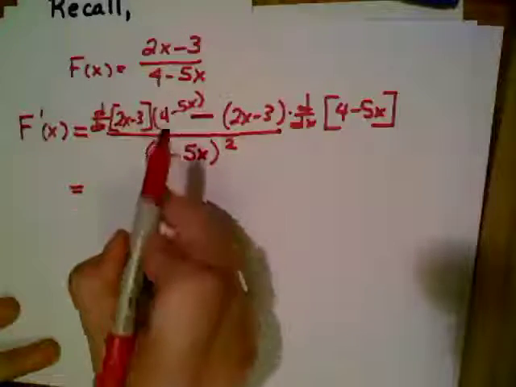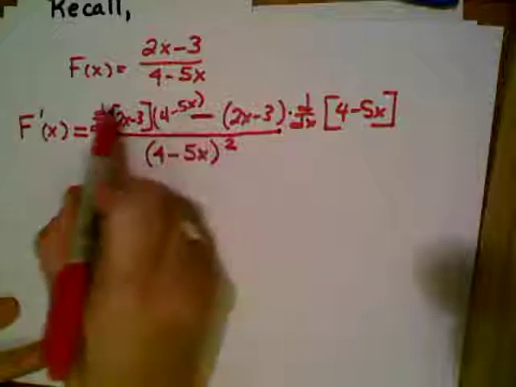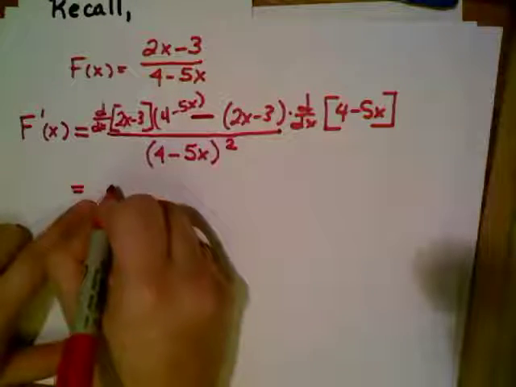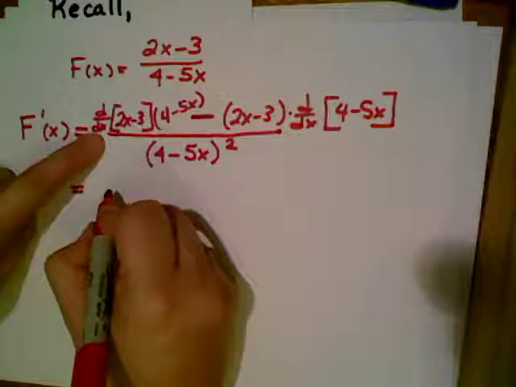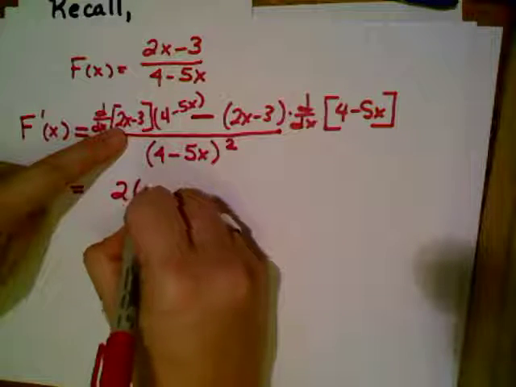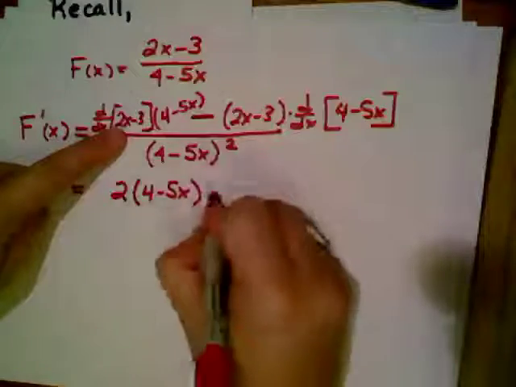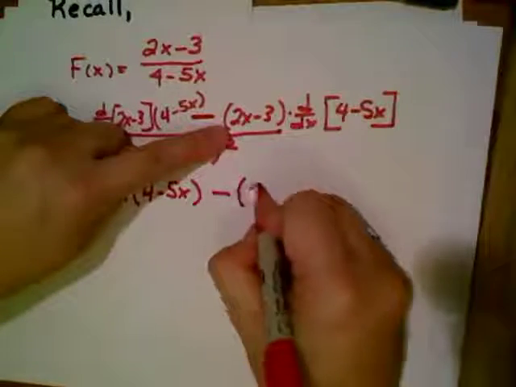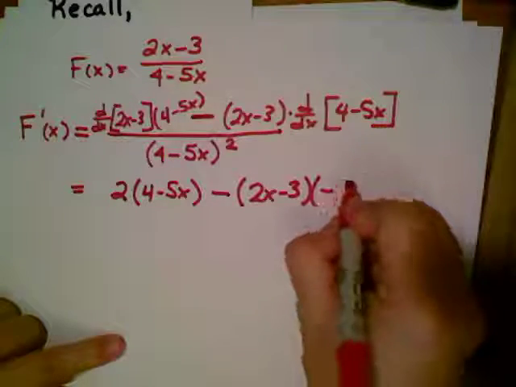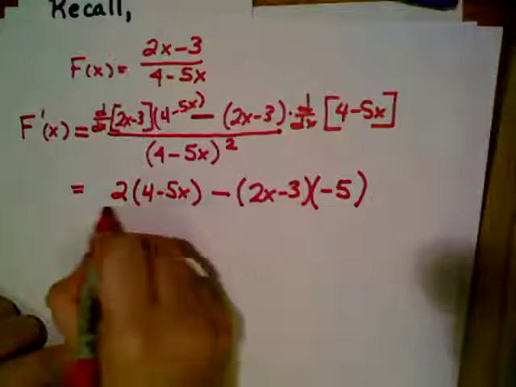Now a person has to think through the activity like I've written it out as an intermediate step. But you'll get to where you write down the result. Derivative of the numerator is 2 times the denominator minus the numerator times the derivative of the denominator, negative 5.